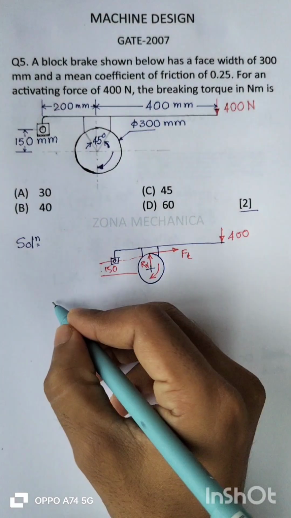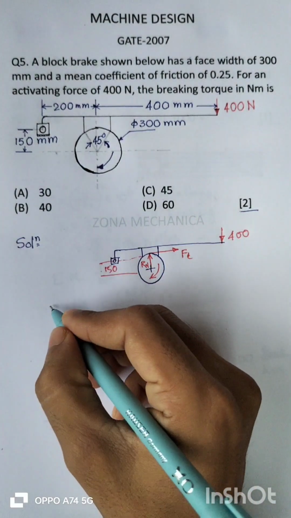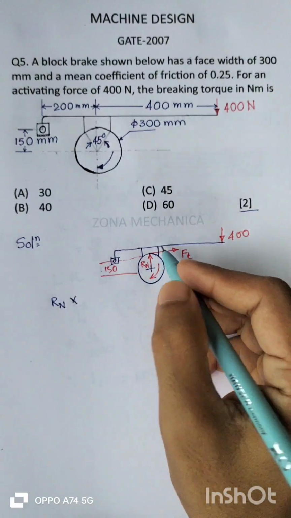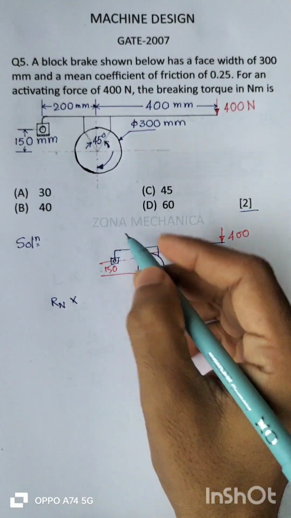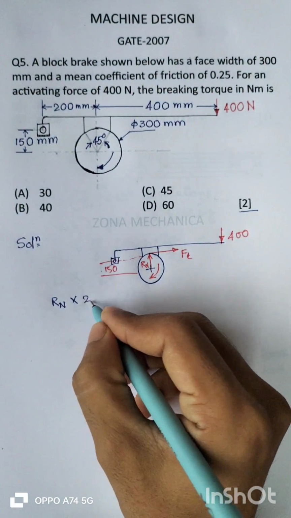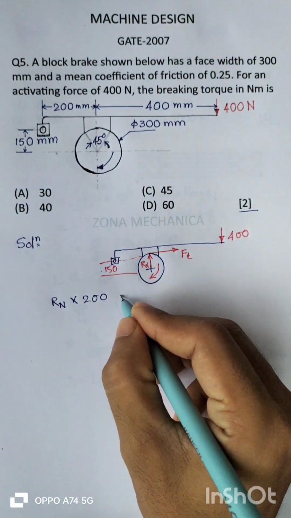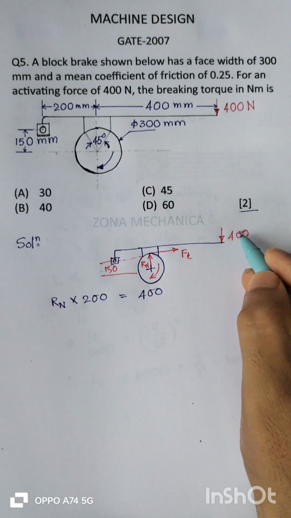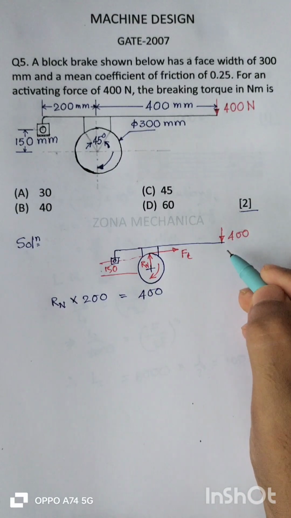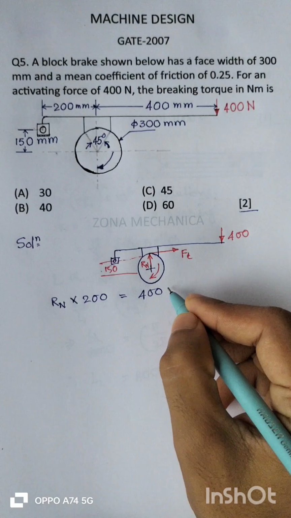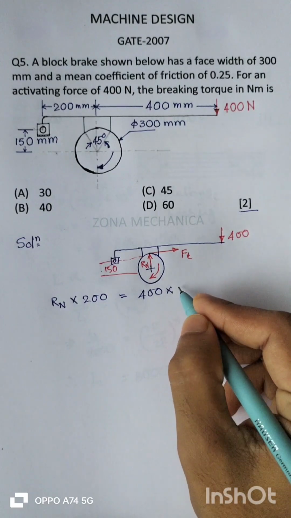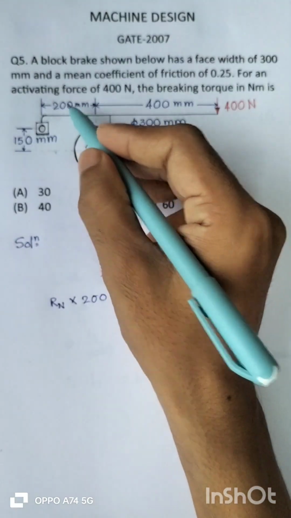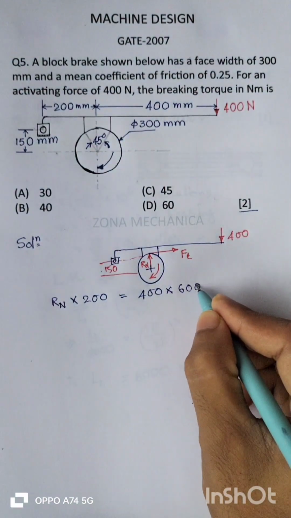Now taking moment about the fulcrum, Rn into this distance, see, this is 200 mm, is equal to the moment developed by the activating force, which is equal to 400 into this distance, 400 plus 200, that is 600 mm.